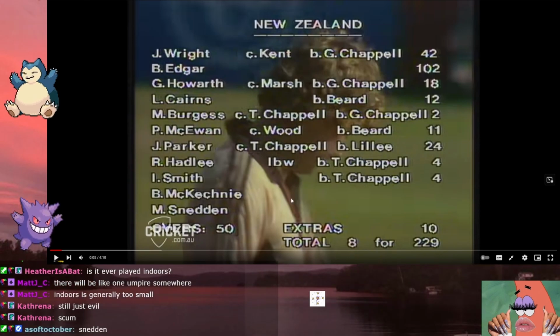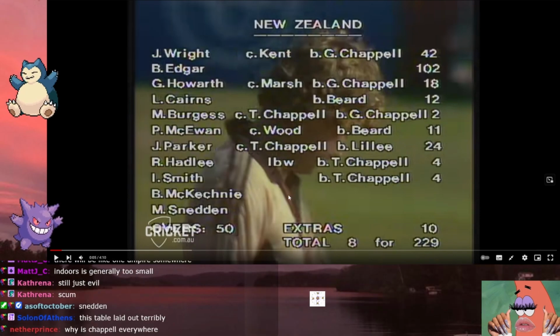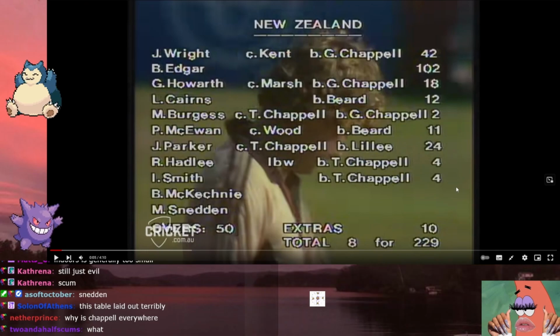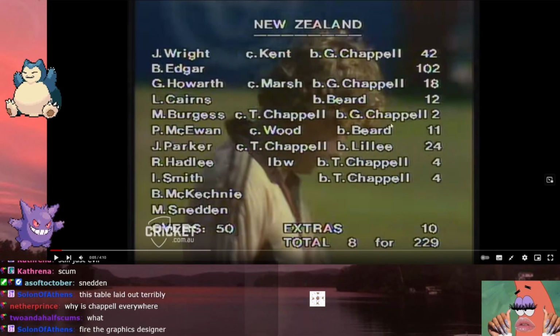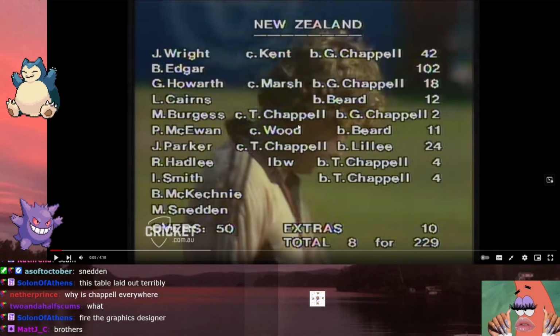Lance Cairns, great batsman. Martin Snedden, yep. Dennis Lillee, Greg Chappell, and I think Tony Chappell. Why is Chappell everywhere? There's two Chappells. I think it's Greg Chappell and Tony Chappell, and they are brothers, and they play for Australia.